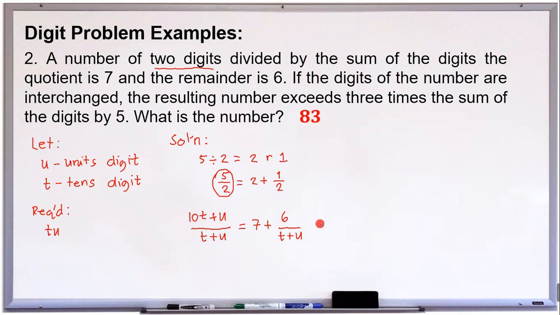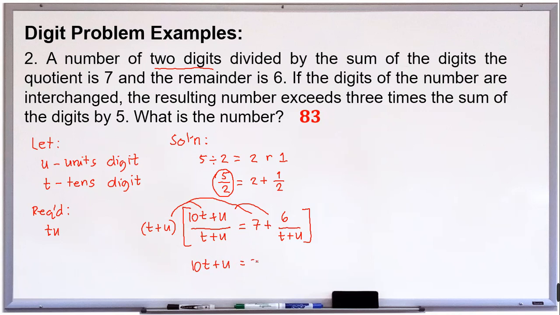Now we are going to simplify this. We're going to eliminate the fraction by multiplying both sides of the equation by t plus u. So we're going to distribute this. On the left side, what's left is 10t plus u because the denominator will be cancelled out.